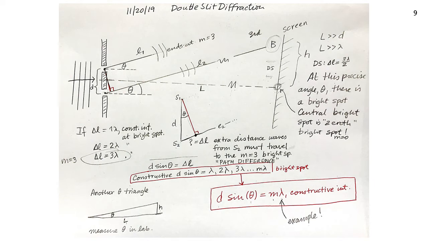Now, how do you get theta? Well, the way to measure theta is basically to use this triangle. Now, I'm going to draw another triangle. It's a theta triangle, but it's a bigger one. Here's the right angle. Here's theta.